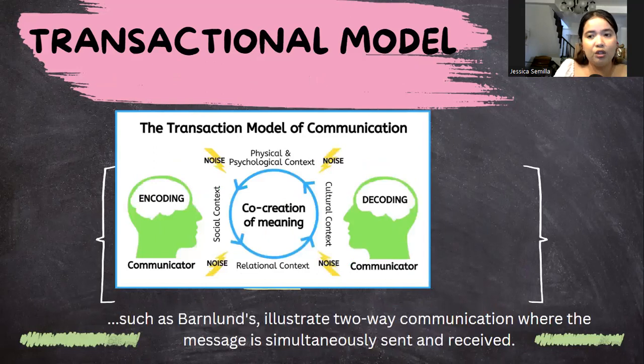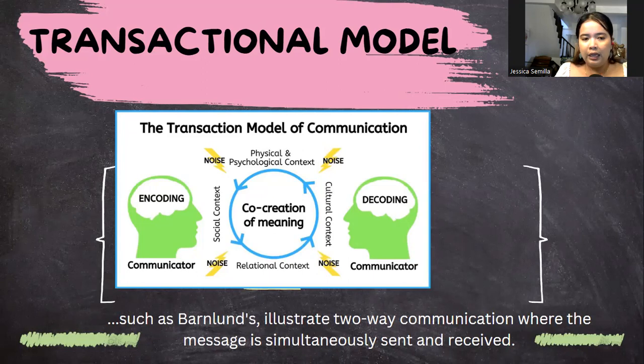The next one is the transactional model. And this is what we call the looping of communication. The example of the transactional model is Barlund's model, wherein it illustrates two-way communication, but it works simultaneously, meaning the sender, the receiver, the receiver becomes the sender, and then becomes the receiver. In short, the communication is going and going and going.